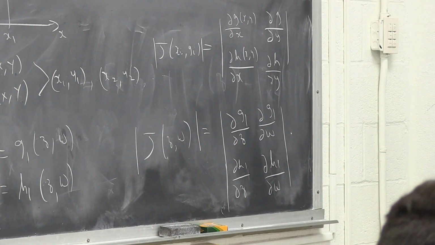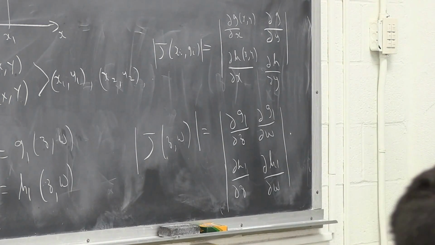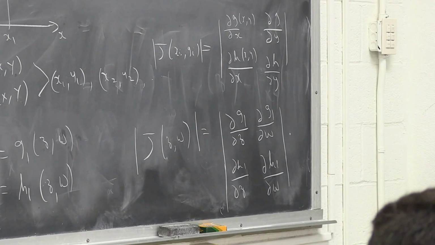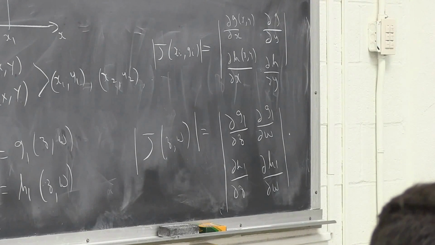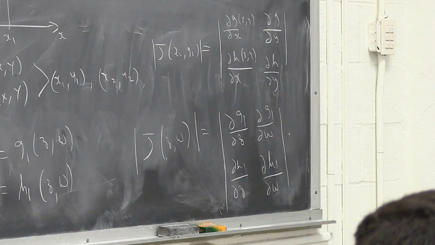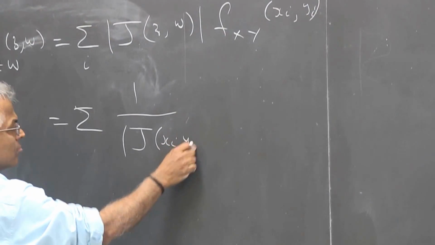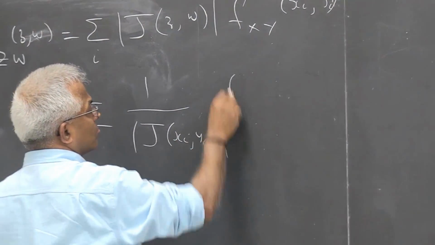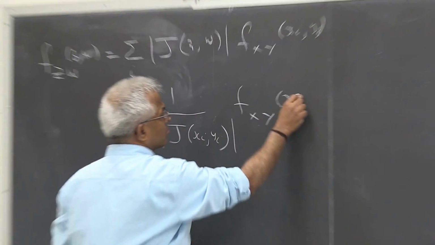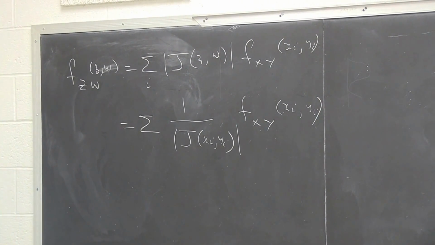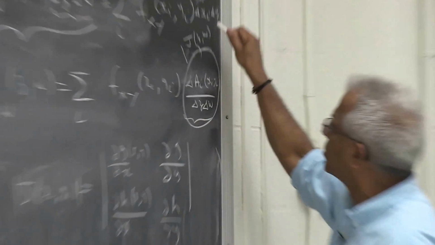So f of z, w. So this ratio is the Jacobian, J of z comma w.